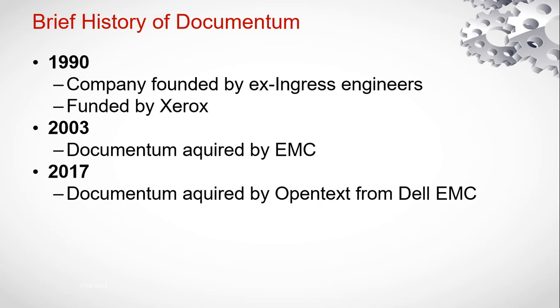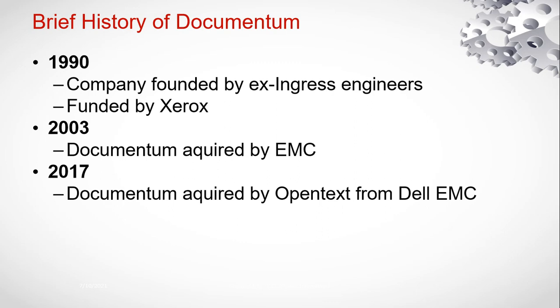In 2003, the Documentum company was acquired by EMC, and it became EMC Documentum. Later on, in 2017, Documentum was acquired by OpenText. Now it's called OpenText Documentum. Since the Documentum software has been owned by these three companies in its lifetime, you might see some kind of prefix before Documentum.